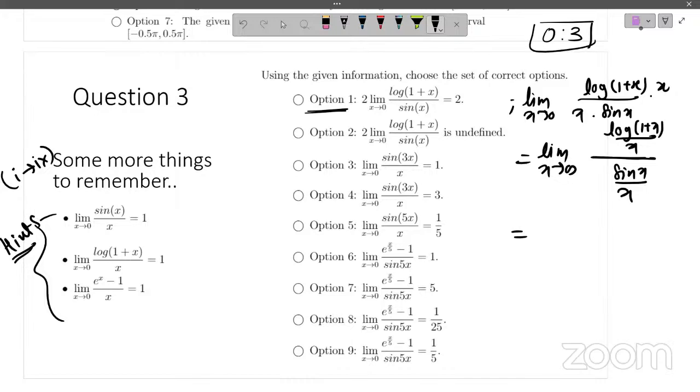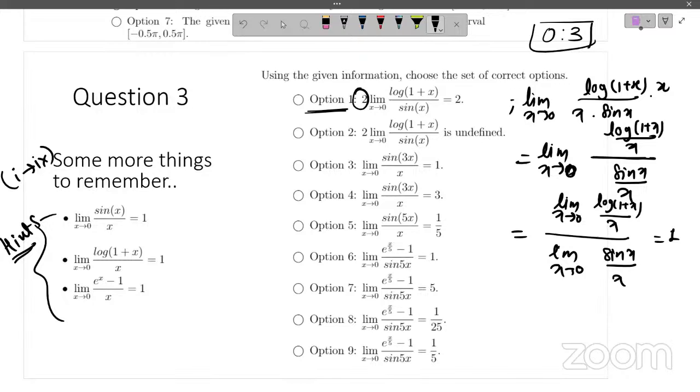So it is simply the limit as x goes to 0 of log of 1 plus x by x, upon the limit as x goes to 0 of sine x by x. And this is nothing but 1. Now here there are 2 in multiplication, so the limit will be 2 into 1, which is 2. So that means this option is correct. The second option says the limit is undefined, but the limit is well defined and it is 2. So that's why this option is not correct.